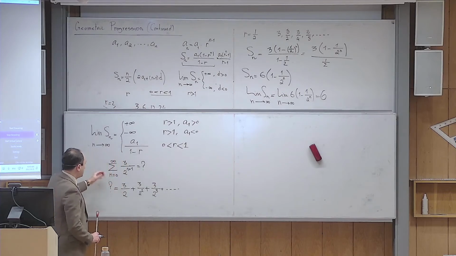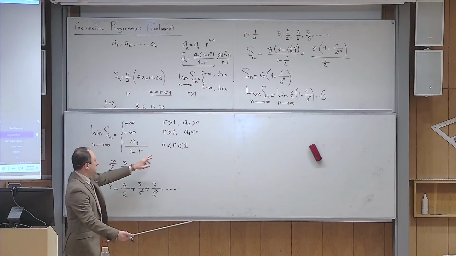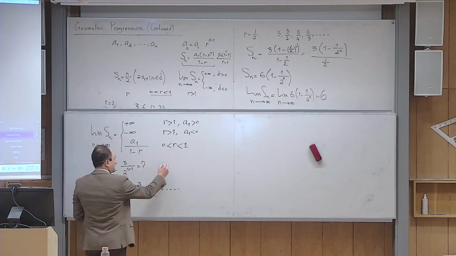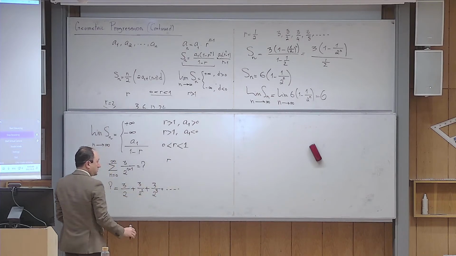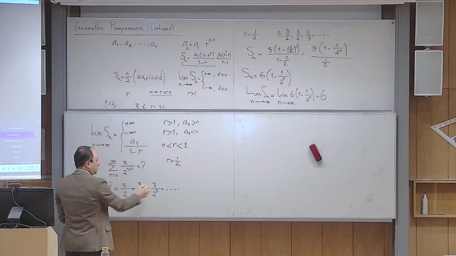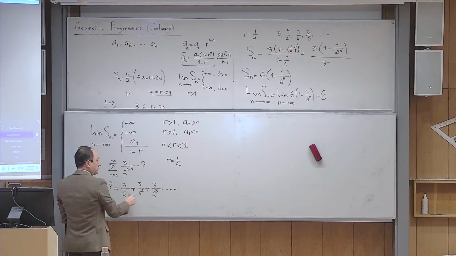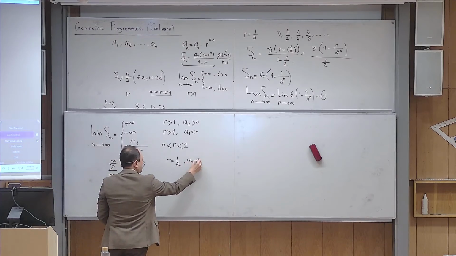So you need to understand that this sum that is written is actually a geometric sum. For the geometric sum, you need to understand what r is in this problem. In this problem, r is 1/2, because every time I am multiplying things by 1/2. And I need a1. Reading a1 is also very simple. a1 is 3 over 2.